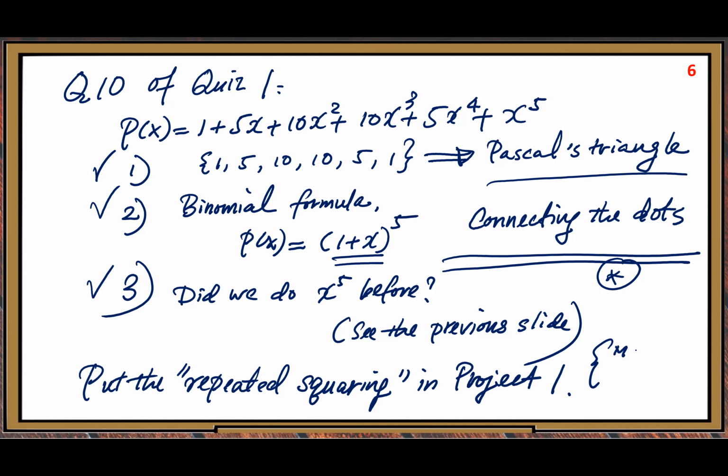you need to implement polynomial evaluation in 3 methods: method 1, method 2, and method 3. Method 1, you know, all the way. Method 2, repeated squaring way.